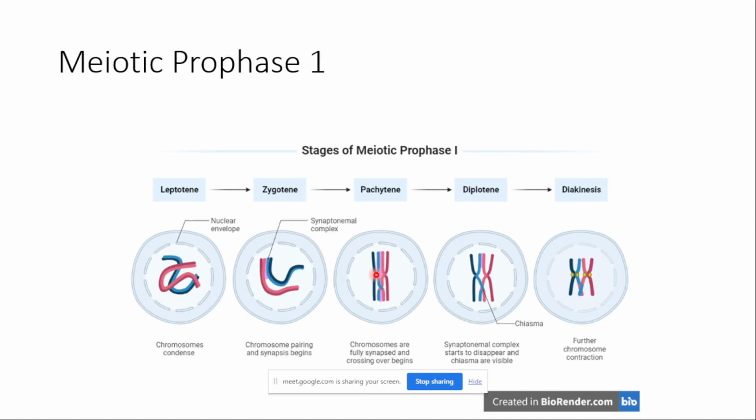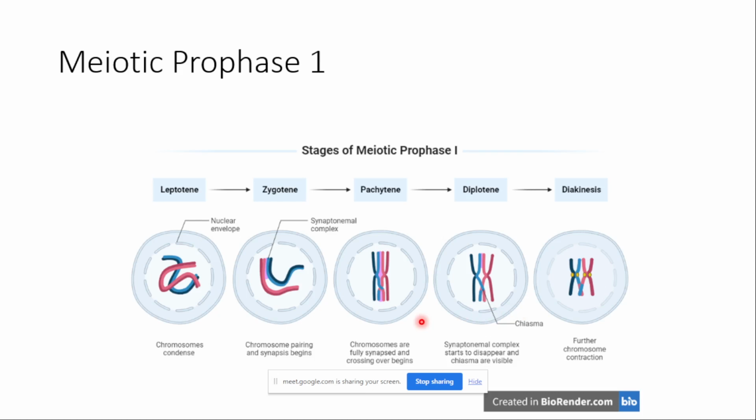And that takes place in pachytene. So in zygotene, chromosomal pairing occurs and synapsis begins, because there is loading of the synaptonemal complex here. Chromosomes are fully synapsed and crossing over begins in the pachytene stage. You can see that up to the pachytene stage, the synaptonemal complex is still here, but when it reaches diplotene, the synaptonemal complex will be lost.